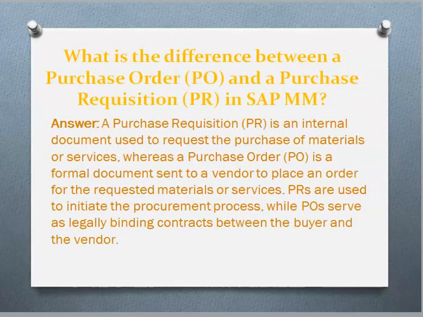What is the difference between a purchase order and a purchase requisition in SAP MM? Answer: A purchase requisition is an internal document used to request the purchase of materials or services, whereas a purchase order is a formal document sent to a vendor to place an order for the requested materials or services.